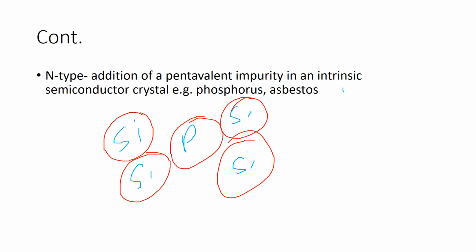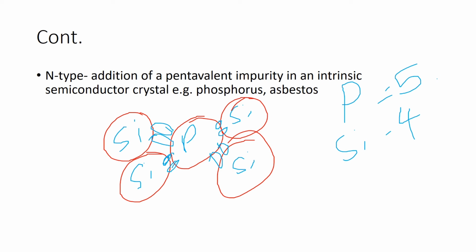So phosphorus will give 5 valence electrons and silicon will give 4 valence electrons, such that when you form a covalent bond between the two, silicon will donate 1, phosphorus will donate 1, silicon 1, phosphorus 1, silicon 1, phosphorus 1, silicon 1, phosphorus 1.